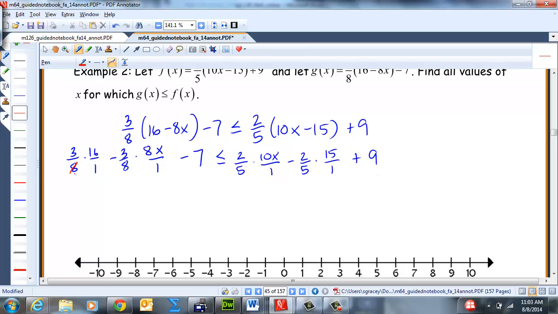So 8 goes into itself once and into 16 twice. So we'll have 3 times 2 is 6 minus the 8's divide out, but don't forget that x is still there. So we'll have minus 3x, and then minus 7 is less than or equal to 5 goes into itself once and into 10 twice.